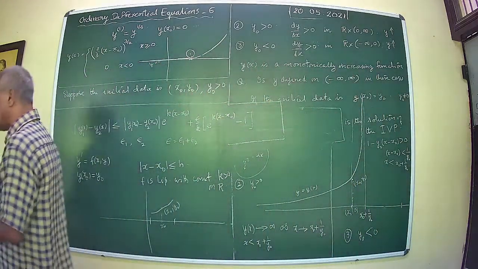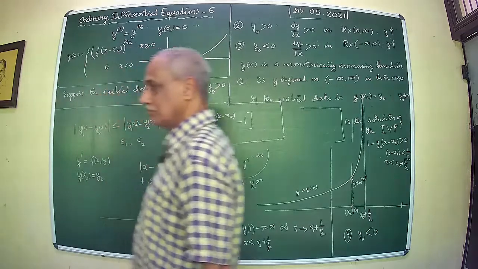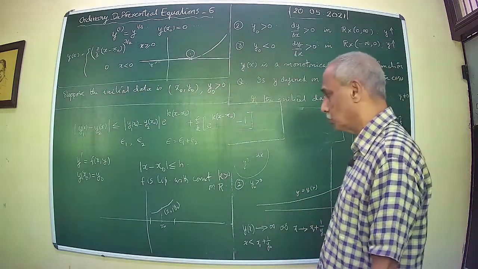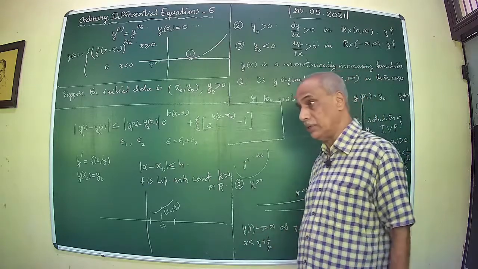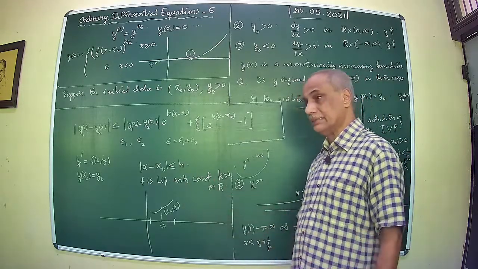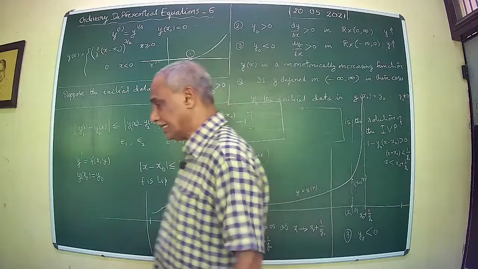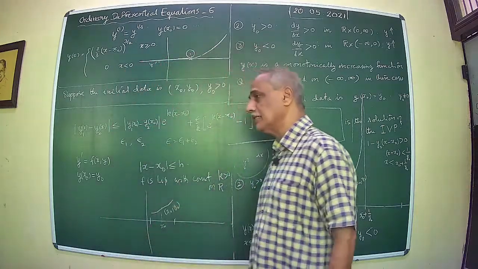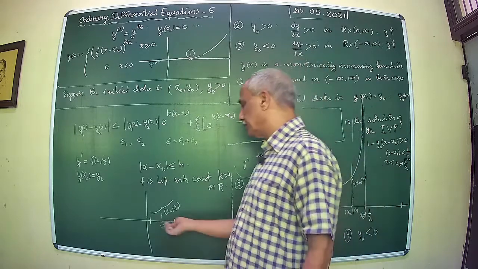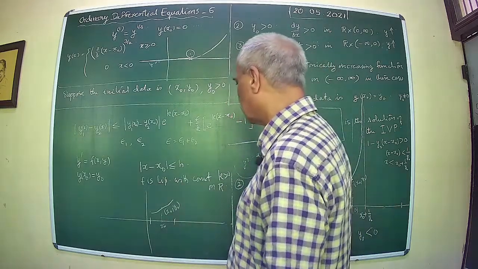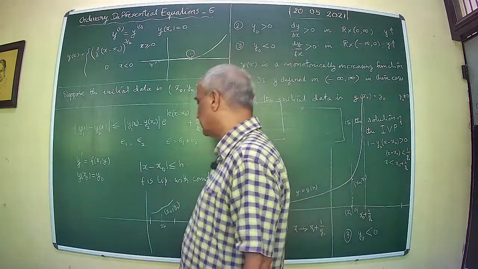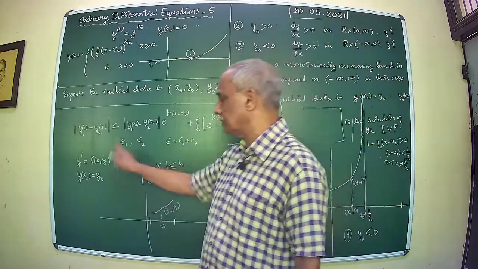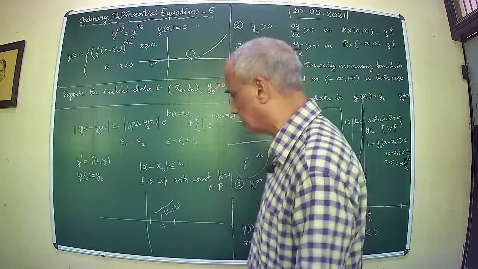In general, we are not able to exactly write down the solution. What we are told is that there exists a function with such and such properties and satisfying the initial data, defined on the interval x naught minus h to x naught plus h, where it is an exact solution of the differential equation. This is what we have proved.